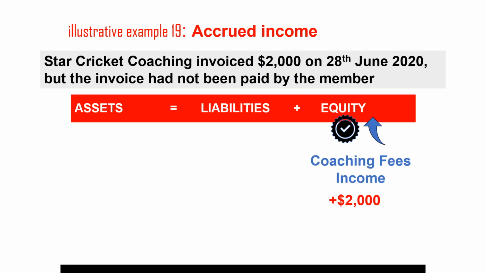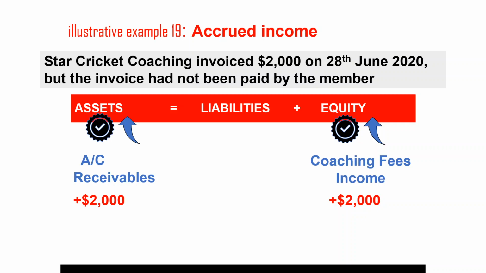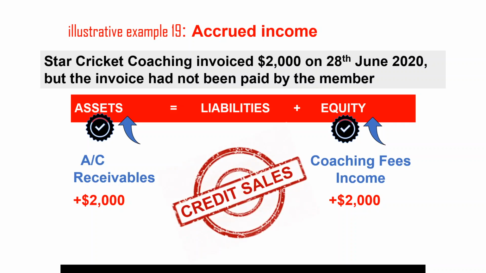It increases equity by $2,000, and on the other hand, receivables goes up by $2,000, which is an asset. The customers will pay the amount in the near future. This is also equal to the credit sales, which we have discussed in our previous tutorial.